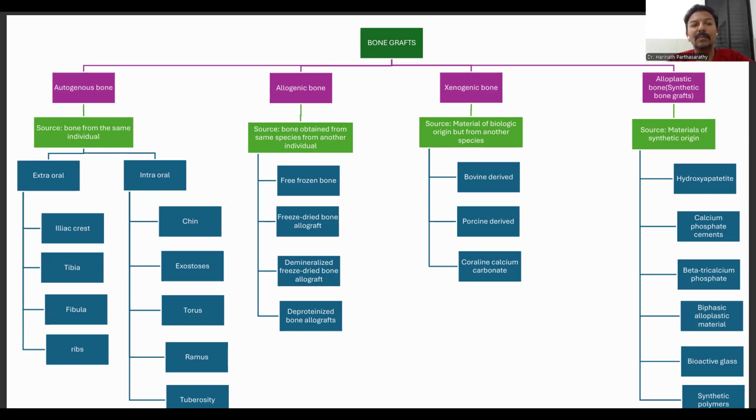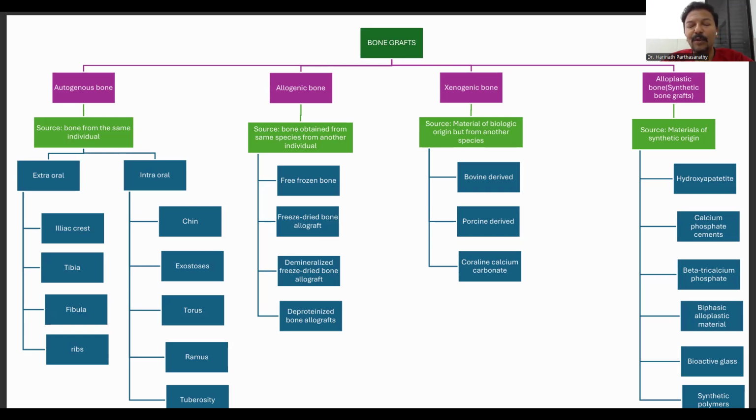We have so many commercial players offering these bone grafts, and as I told you, with better technology nowadays, all these bovine-related diseases like bovine encephalopathy, hand, foot, and mouth disease, all these kinds of transmissions have been completely neutralized, and there are almost no reports of such disease transmission using these xenogenic bone grafts.